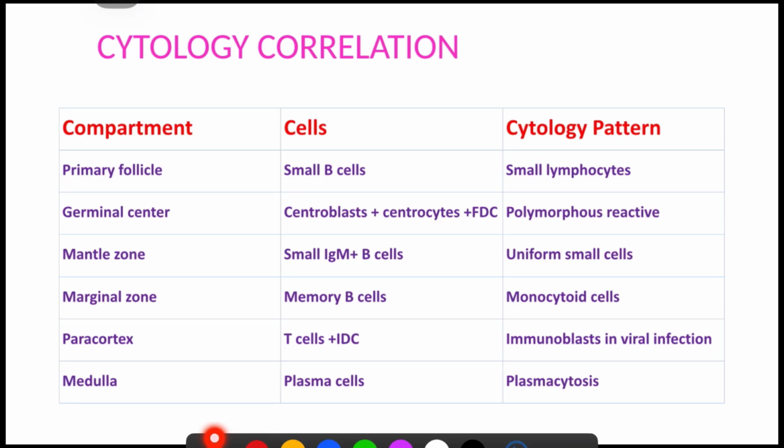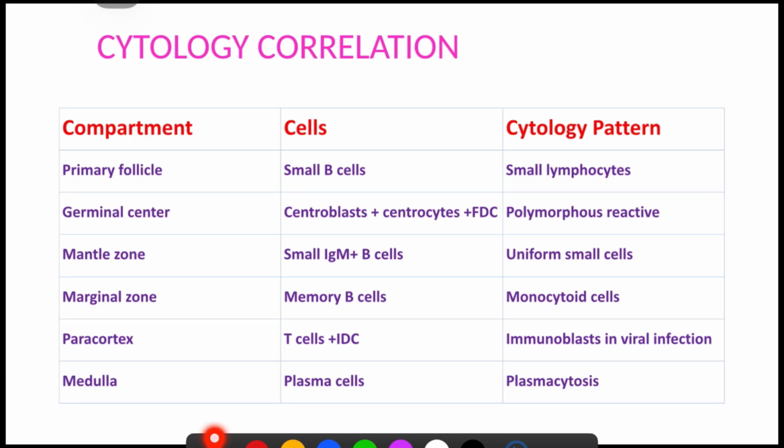So, basically, when you get these different types of cells, you can have some idea. If you are having excessive numbers of small lymphocytes, you can be in the primary follicle. So, it contains small B cells. Germinal center contains centroblasts and centrocytes as well as follicular dendritic cells, and its cytological pattern is polymorphous. Mantle zone comprises small IgM positive B cells, and they are uniform small cells.